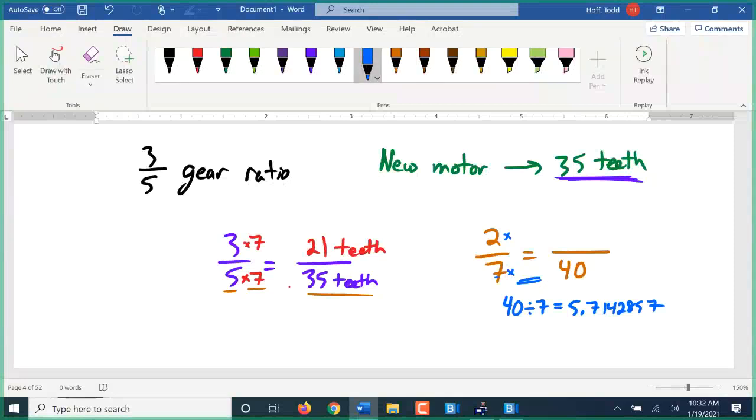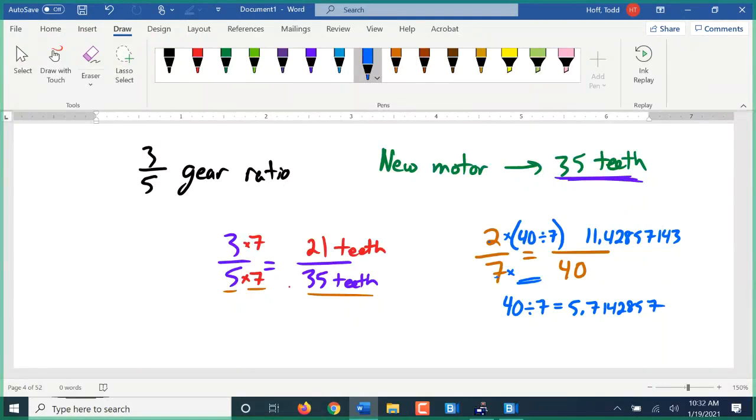Rather than do the division first and typing it back in, we can just do 2 times 40 divided by 7. We can fudge our order of operations a little bit here and just multiply 2 times 40, then divide by 7, giving us approximately 11.42857.